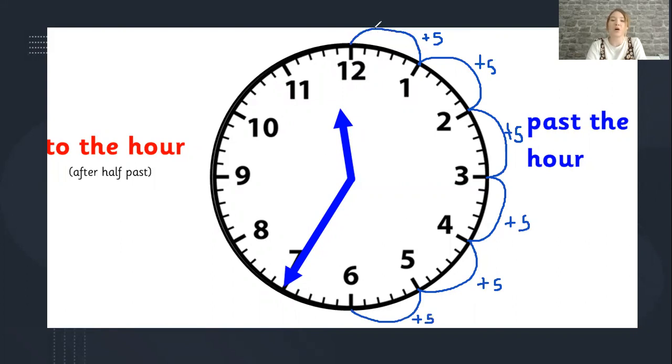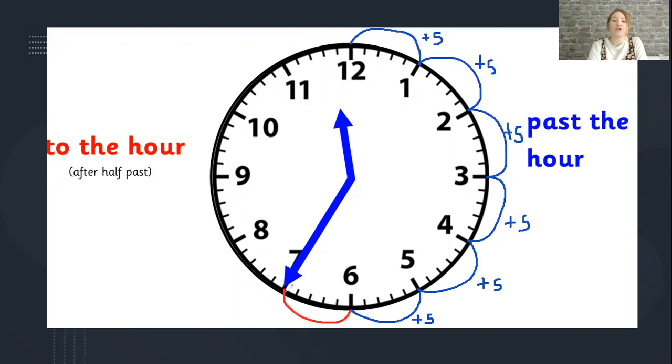And then we'll change our colour to red, and then you count down in 5s. So you've got to half past, and now you're counting to the hour. You've counted past the hour, and now you're counting to the hour. It will make sense when I go through it. You're at half past, and then you count to 25 to. So you've taken 5 minutes off of half past.